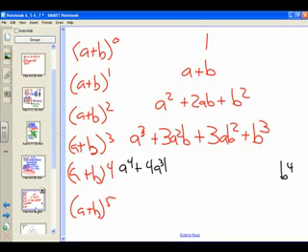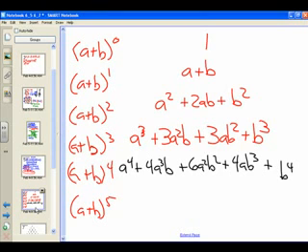Plus 4a cubed b plus 6a squared b squared plus 4ab cubed plus b to the 4th. Notice our progression of letters. We went from an a to the 4th and no b to an a cubed b, a squared b squared, a b cubed, to b to the 4th and no a.